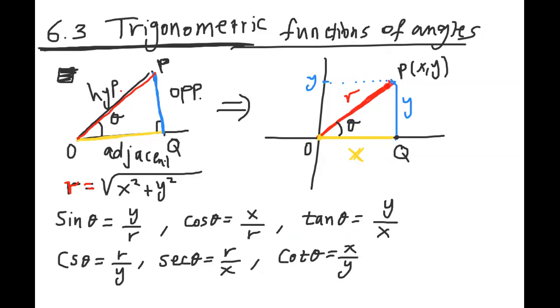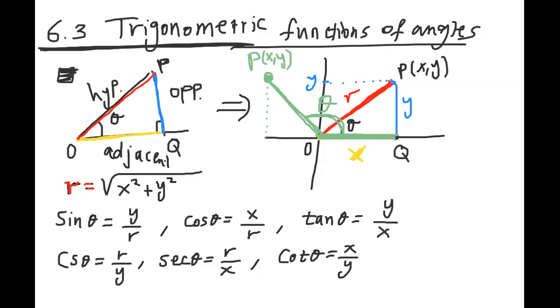If my angle is in the second quadrant, it looks like this, and the point ends at B, with coordinates X and Y. To measure the angle, we use the initial side, which is on the positive x-axis.